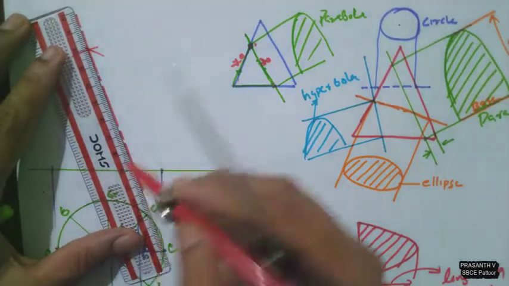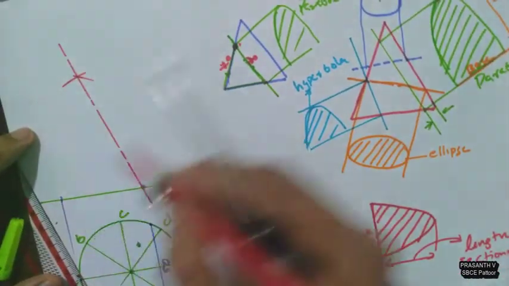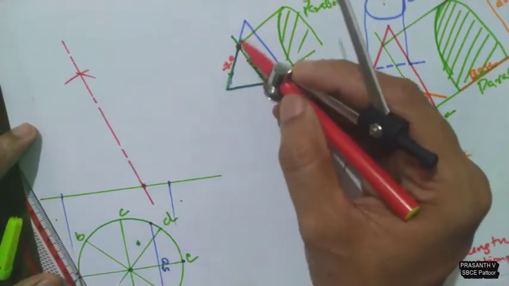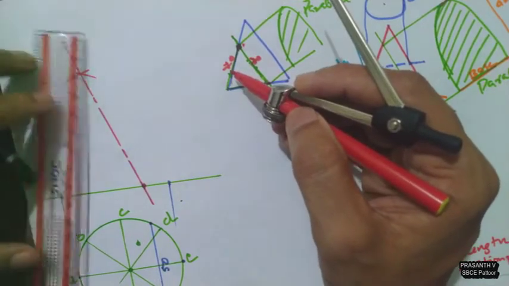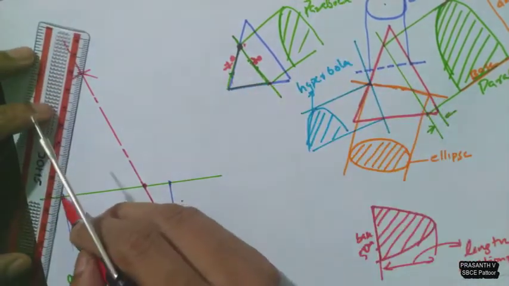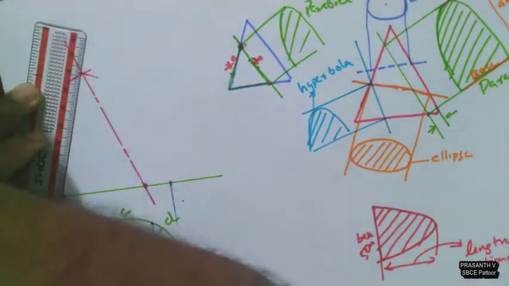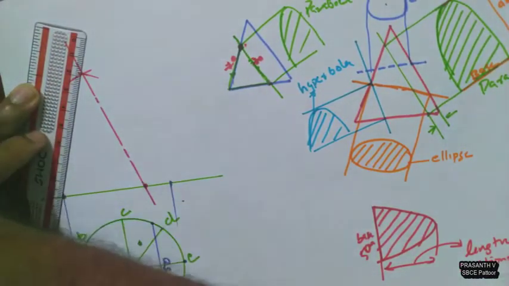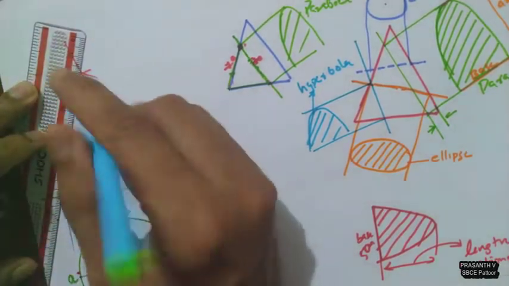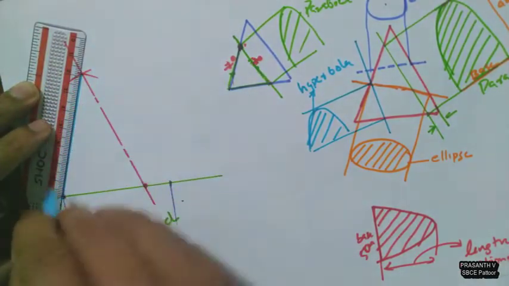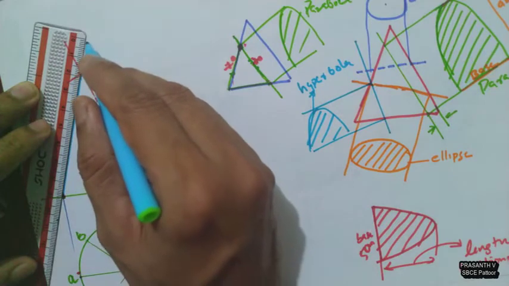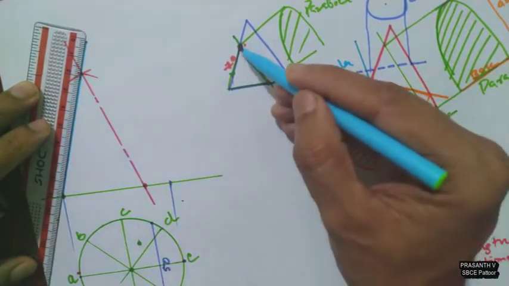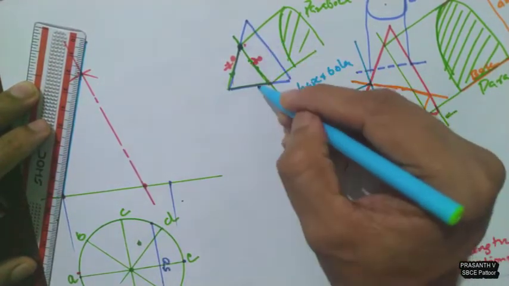See, this is the section plane, and this side is one of the end generators. So here I can join that line also. And I can extend that portion to meet the apex through the axis.